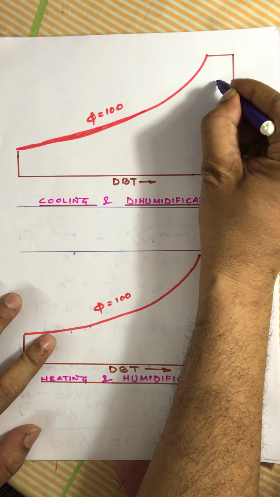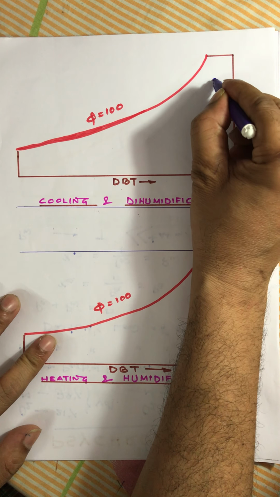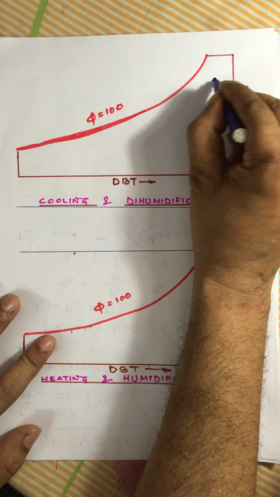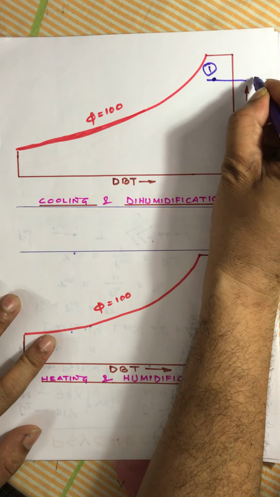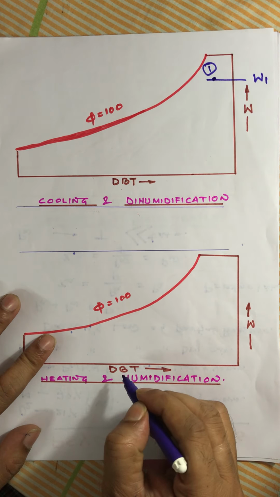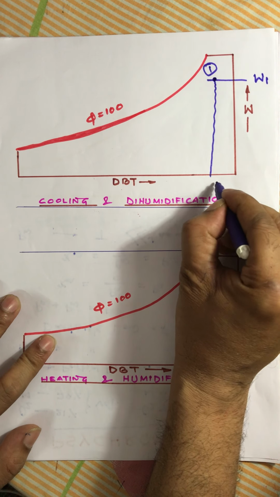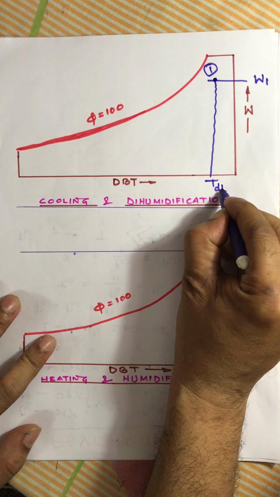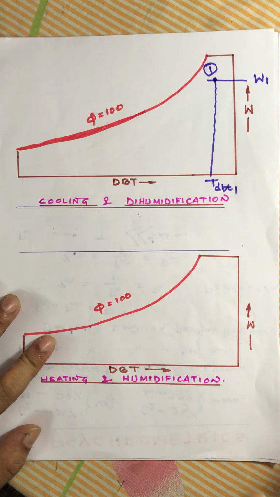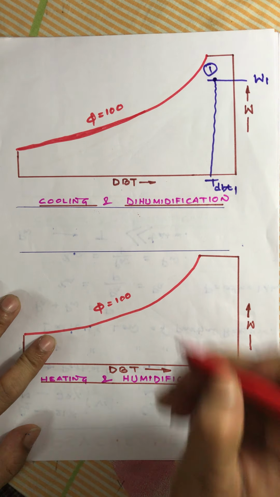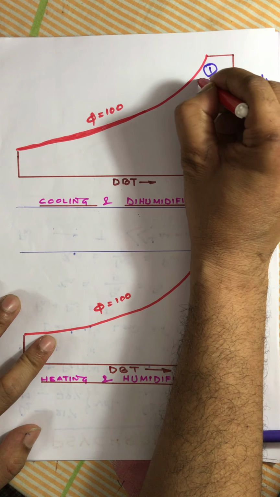Suppose this is the initial state of the room air, this is 1, this is W1, this is dry bulb temperature 1, and this is phi 1.